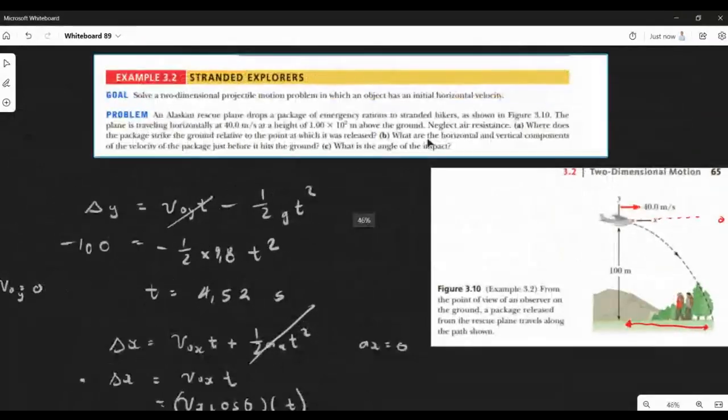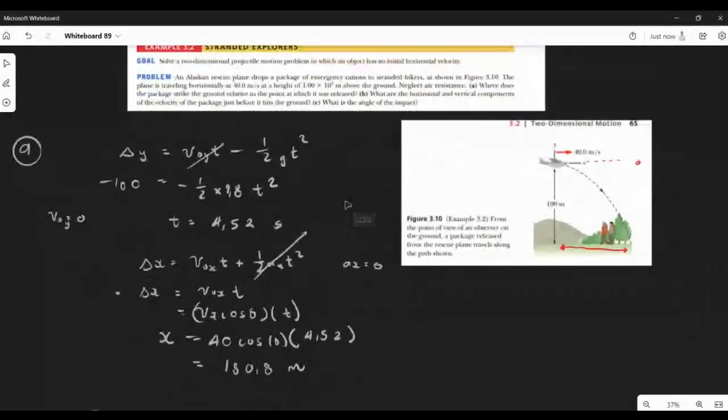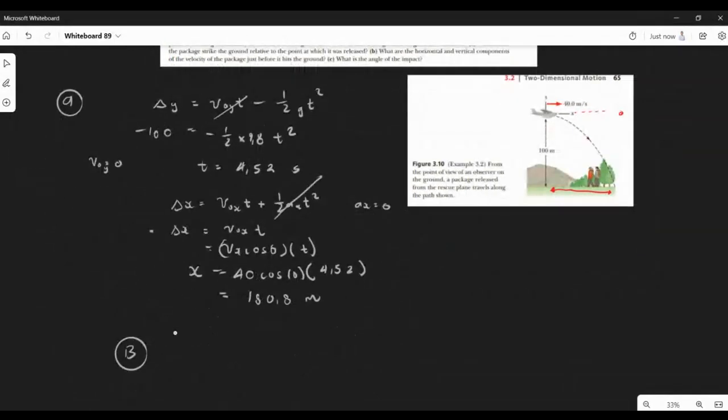So at B, they want the horizontal and vertical components of the velocity of the package just before it hits the ground. So they're looking for v_x and v_y, right? Not v_ox and v_oy, I'm talking about v_x and v_y, right?